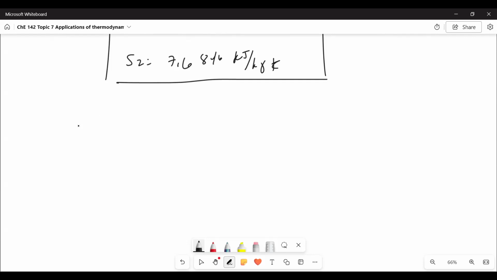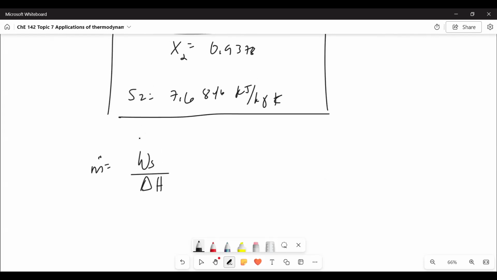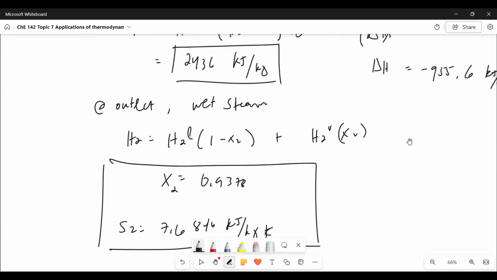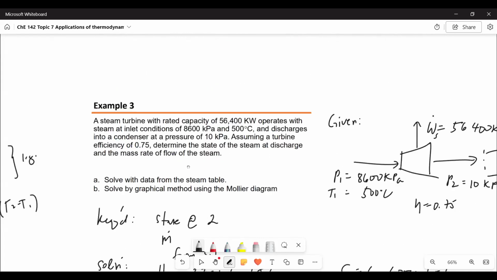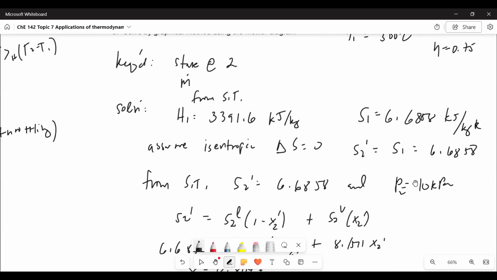So therefore, m is work shaft over delta H. So this should be the work shaft, that is a rate. It's in kilowatts.